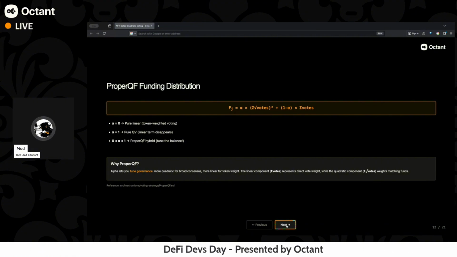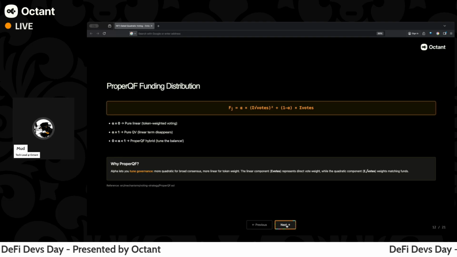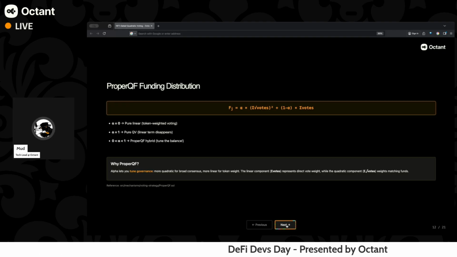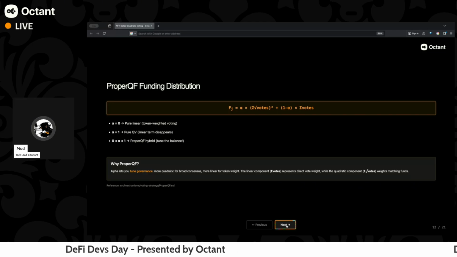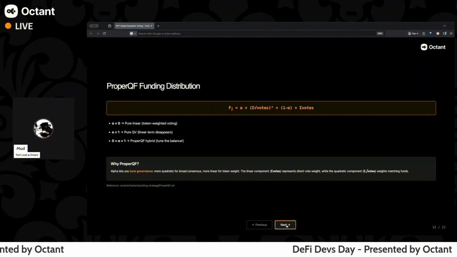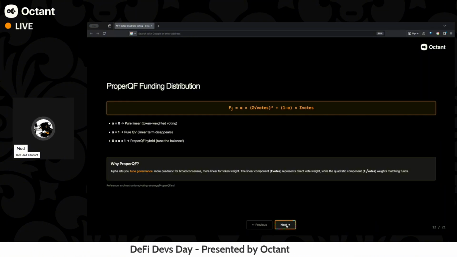We've abstracted all of that out into this knob, which is alpha. And depending on how you want to tune your governance, you could make something more quadratic to have a broad consensus, or more linear to line up more with token weight or the way that you assign votes with the previous hooks. So all of these things together give you a pretty tunable environment.